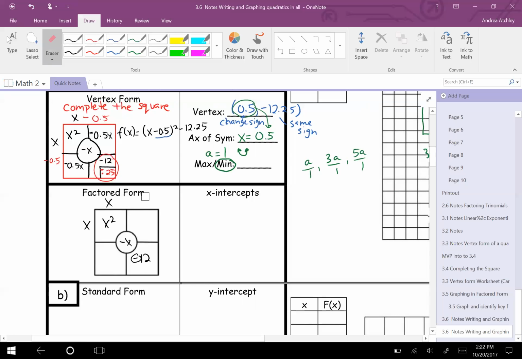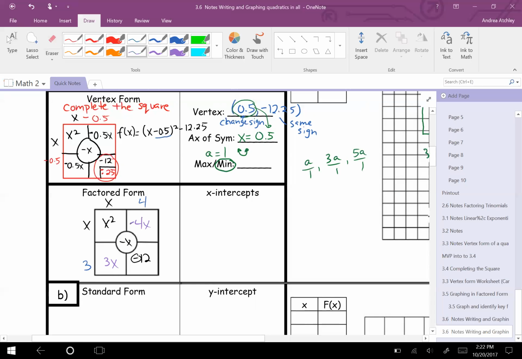So what else multiplies? 4 and 3. So I'm going to get 4x and 3x. Okay, if I subtract them, do I get 1?